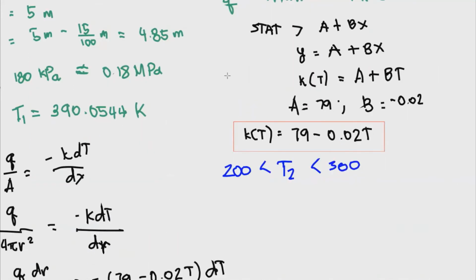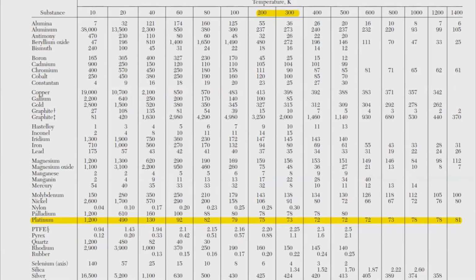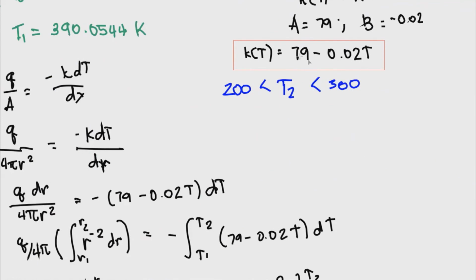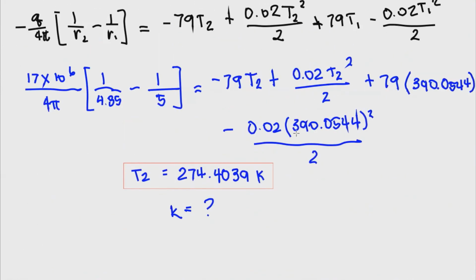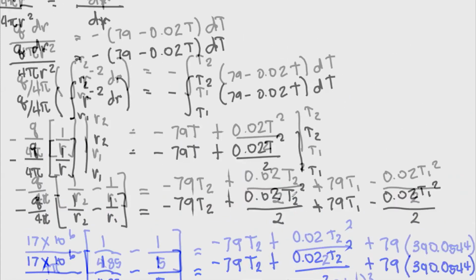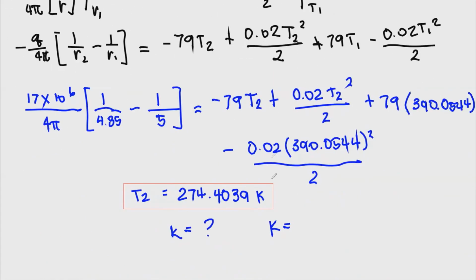So, with that, let's just use this equation para makuha natin yung ating K. So, K is equal to 79 minus 0.02, and then we have 274.4039.